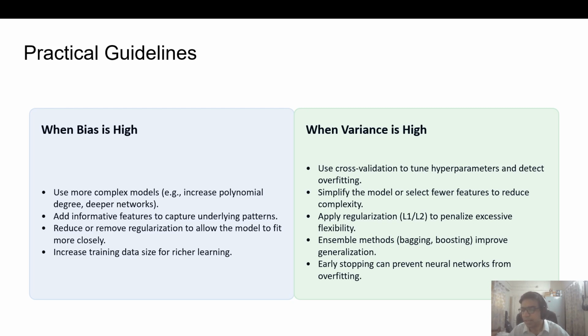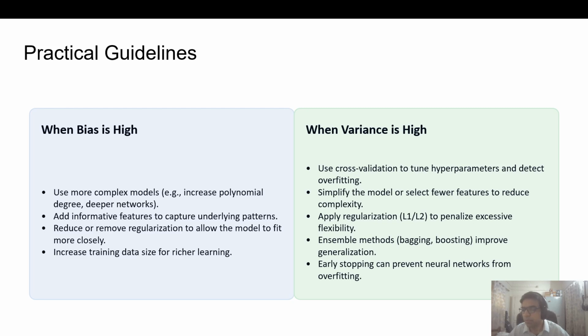Second would be add informative features to better capture the underlying patterns. Third would be to reduce or remove regularization if it's constraining the model too much. Fourth would be considering gathering more training data to provide richer information.